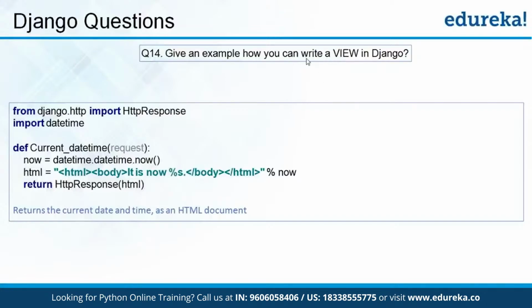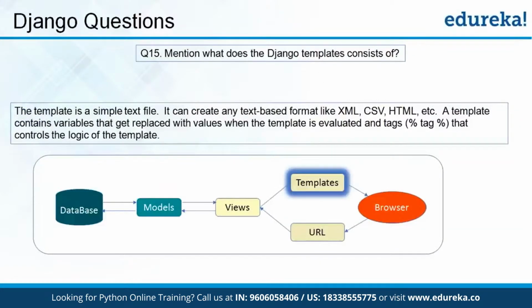So what does a Django template consist of? It is a simple text file, as I showed you. It can be of XML type, CSV type, HTML type, and a number of other types as well. It can contain variables like I showed you earlier, my title, my body, which can be replaced by various values when the template is evaluated, and tags that control the logic of the template.